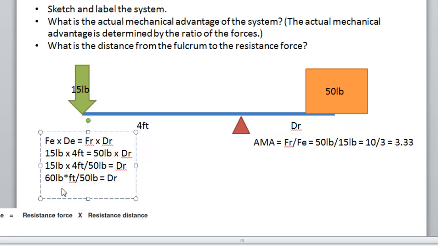And I'm going to have 6 divided by 5, which should be 1.2. Feet is the unit that's left for dr. Okay, so I hope this helps you just a little bit see how to do some of these calculations.